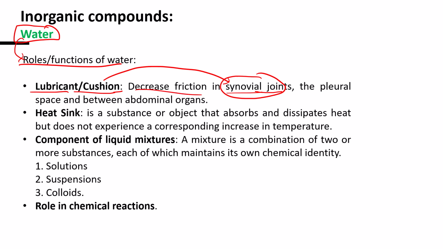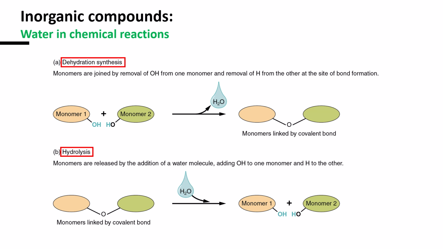Water also has an important role for heat and these other ones that you can read here. Important also is water as a medium for chemical reactions, the reactions of decomposition, what we call dehydration synthesis and hydrolysis. In this synthesis reaction, we have, for example, this monomer. It just means that it's a chemical, right?